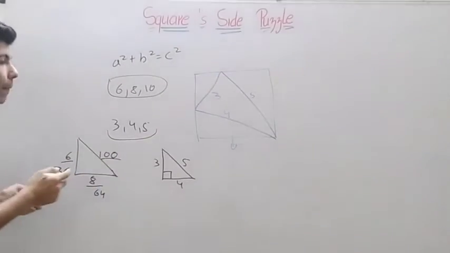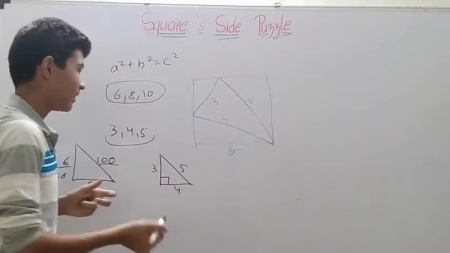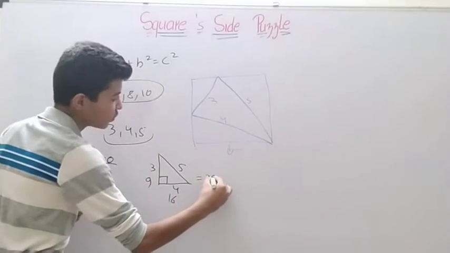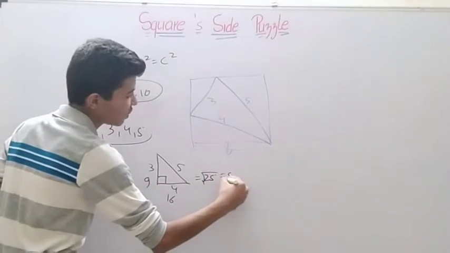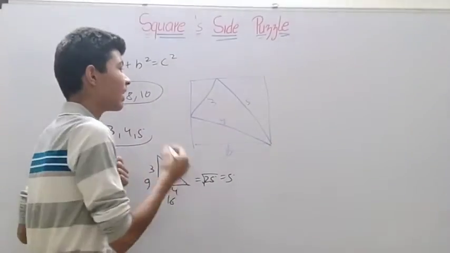So this is a Pythagorean triplet. Is this a Pythagorean triplet? Yes, 9 plus 16 gives us 25, and under root 25 is equal to 5. But now where is the right angle?